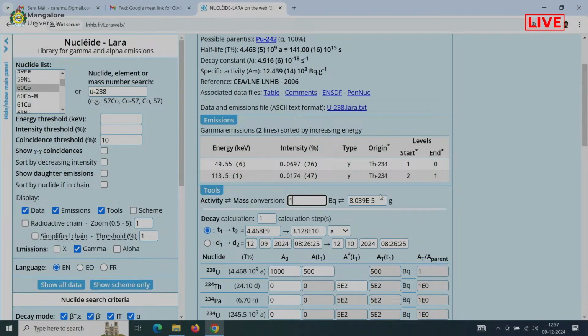Mass to activity from here? Sorry, because of the noise I cannot hear. He is asking, can I calculate mass to activity? Yeah. Let's do it this way. I haven't tested this one. Mass, 1 gram. What happens? Oh. Very handy tool.